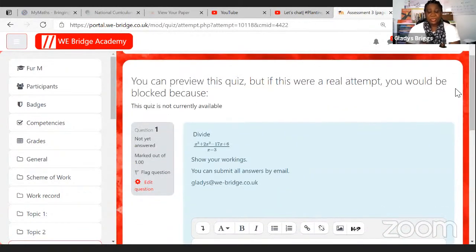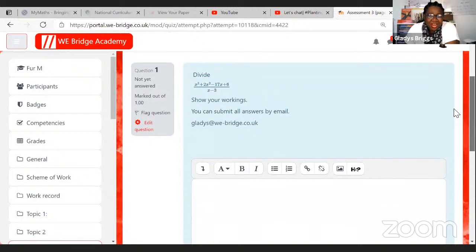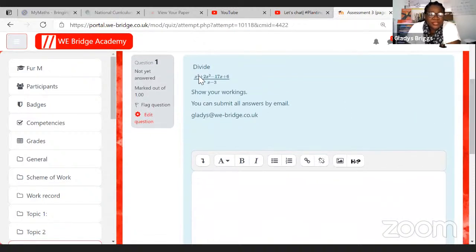Okay, so there's question 1. It says divide, show your workings. I hope you remember how to do this division. You have x cubed plus 2x squared minus 17x plus 6, and you need to put that inside the bus stop.